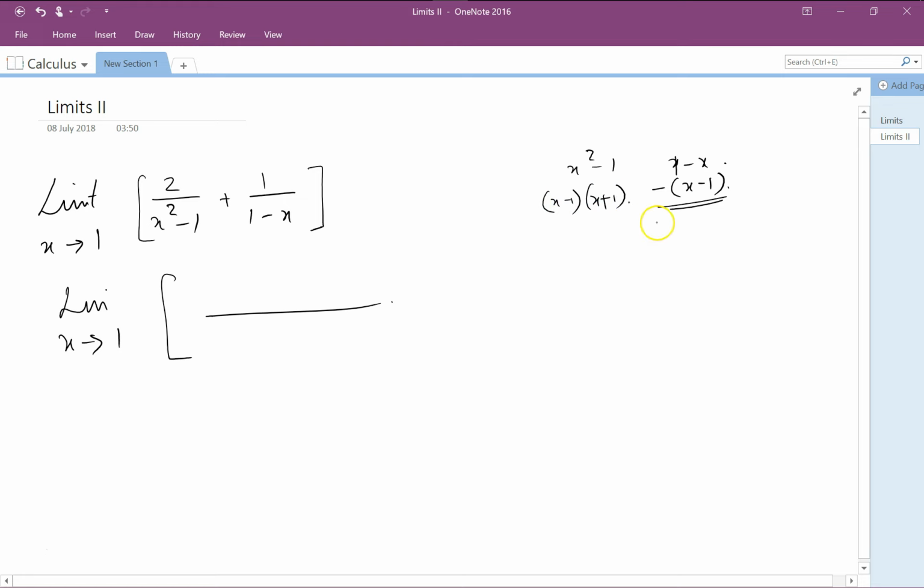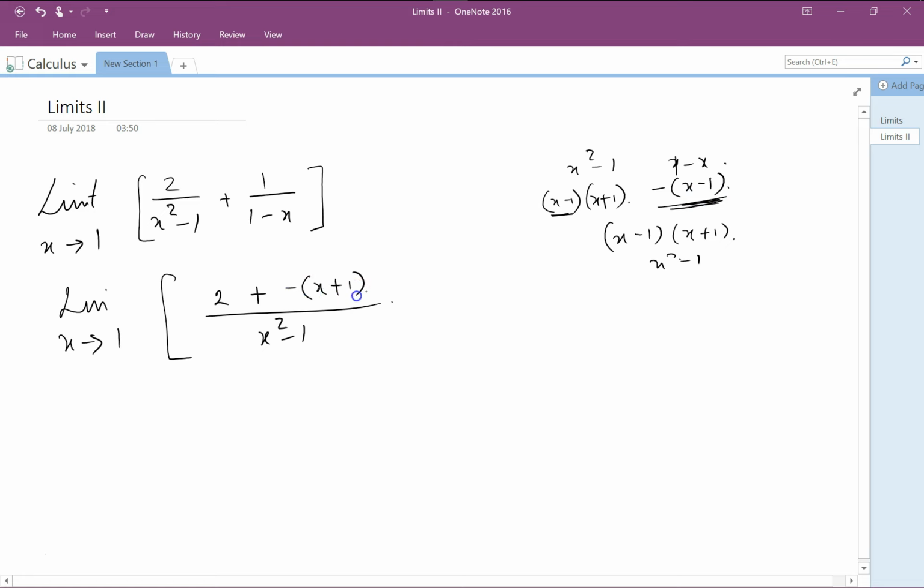So the LCM would be x minus 1, x plus 1, which means x square minus 1. So 2 plus this is 1 minus x times minus 1, so this will be x plus 1. Here x minus 1 is already there.